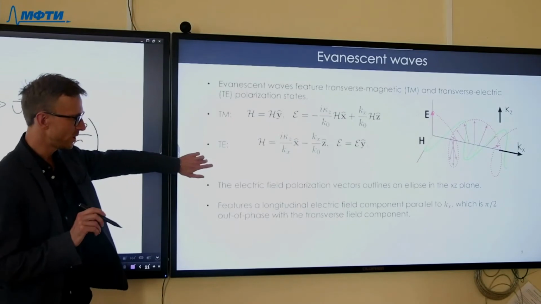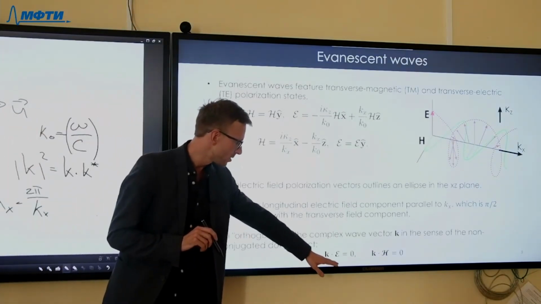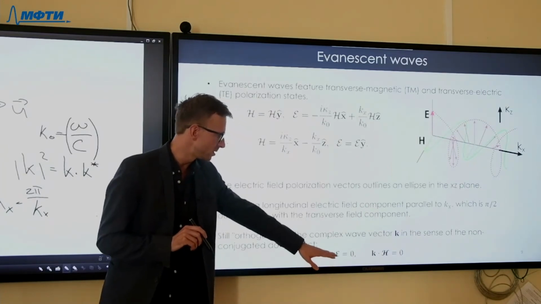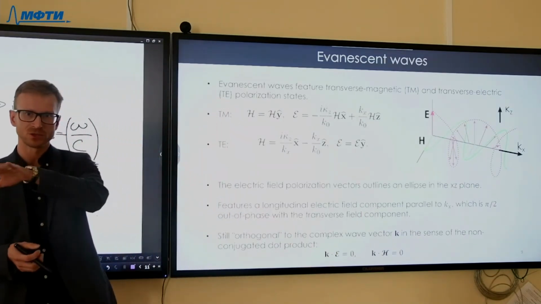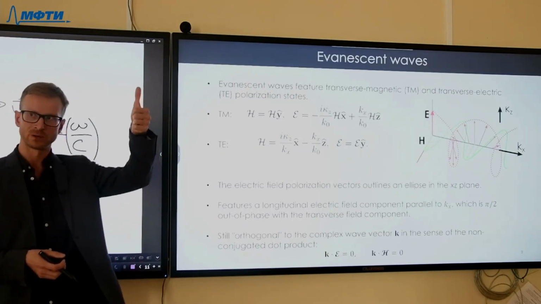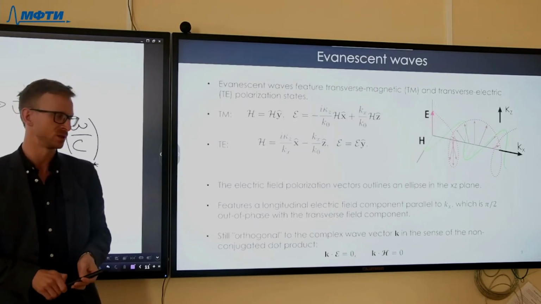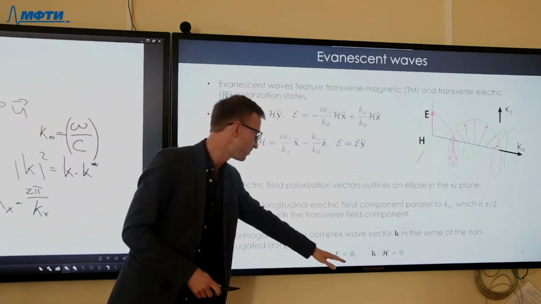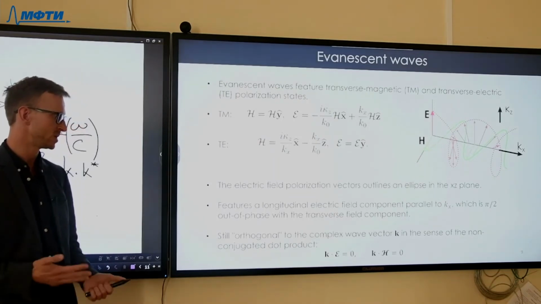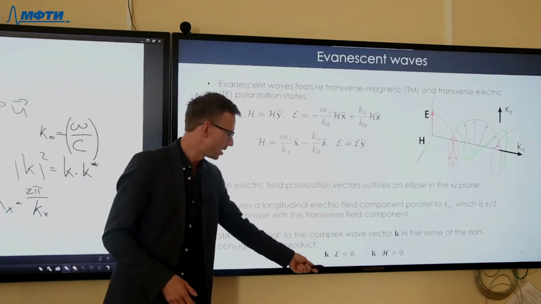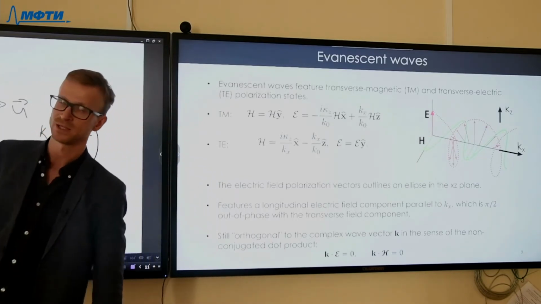If we take the entire wave vector k, which includes both the phase velocity part and the attenuating part along z, remember this is our wave vector that satisfies the dispersion relation, and if we take the full electric field polarization, and if we use the dot product, we're going to see that these two vectors, their dot product is 0, which means their orthogonality in the complex sense.